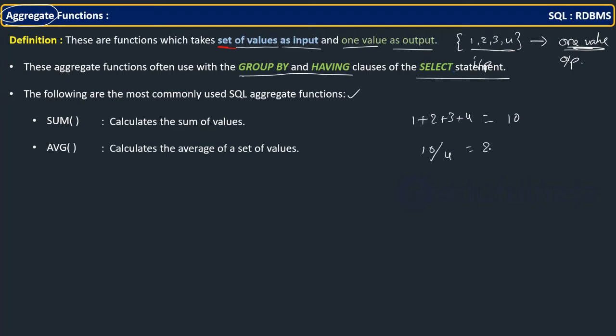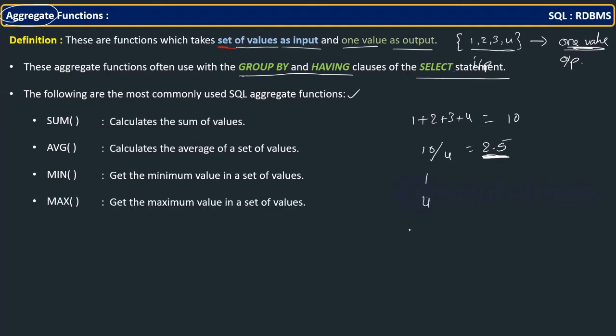That is also one value as output. Minimum: out of the set of values we gave, one is the minimum. Similarly, maximum, that is four. And count: how many values you provided as input. That counts the rows in a specified table or view. The total number of values you passed is 4.